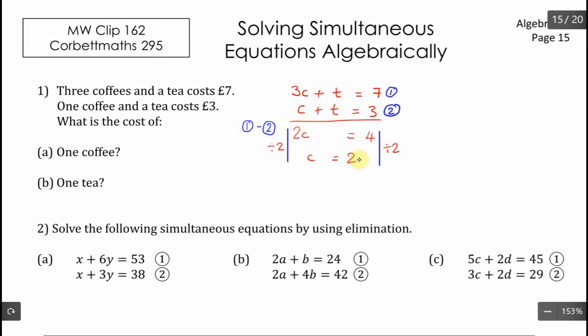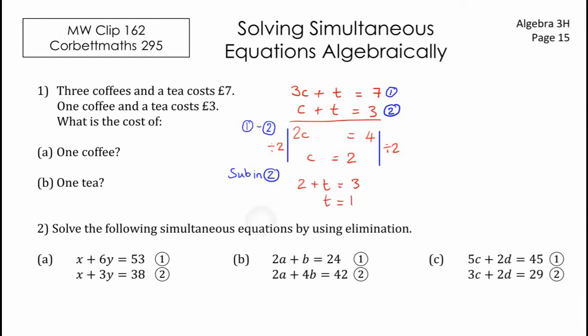So I'm going to substitute this into equation 2 because it's a much easier equation. And this is why we label the 2 equations at the start. It's very easy to refer to which one we're talking about. So C is now 2, so we've got 2 plus T equals 3, so T must be 1. Coffees cost £2, teas cost £1.